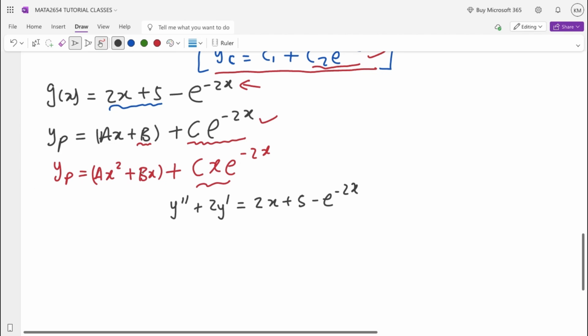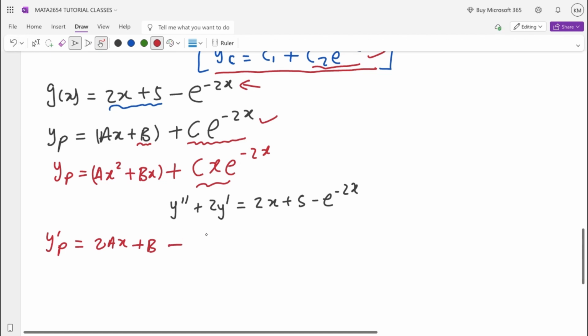If we derive our y of p, we get that y prime of p is basically, we derive this function, we get 2ax plus b, then plus, or rather let me already account for that negative.